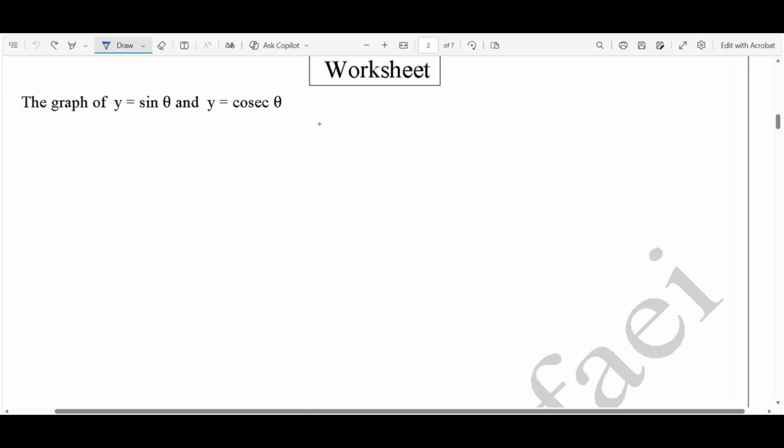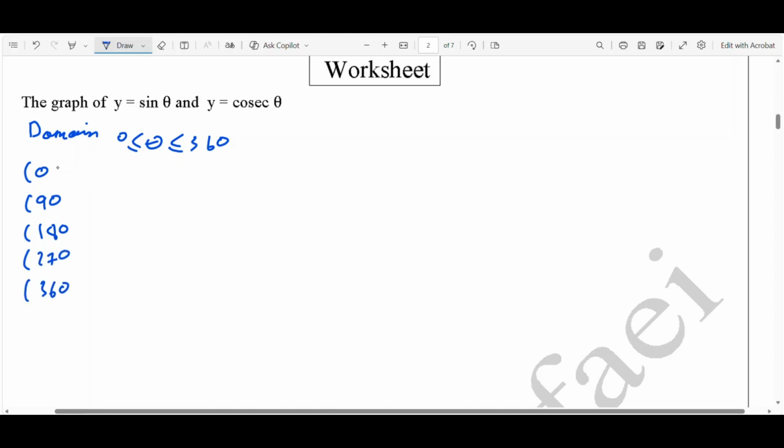In order to sketch cosecant theta, I'm going to review sketching sine theta, and I'm going to use a restricted domain, where theta is more than or equal to 0, less than or equal to 360. 0, 90, 180, 270, and 360. Sine 0 is 0, sine 90 is 1, sine 180 is 0, sine 270 is negative 1, sine 360 is 0.